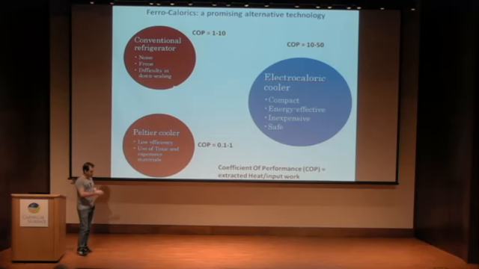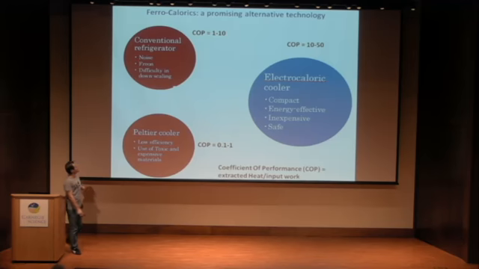Especially if you look at the coefficient of performance, you see that in classical refrigerators this coefficient is between 1 and 10. For the alternative Peltier coolers, where you use the thermoelectric properties, this coefficient is rather small, while in ferrocaloric systems like electrocalorics, this number can be higher than this one.